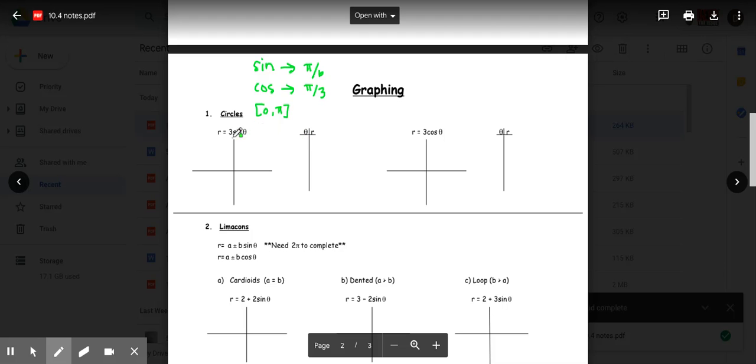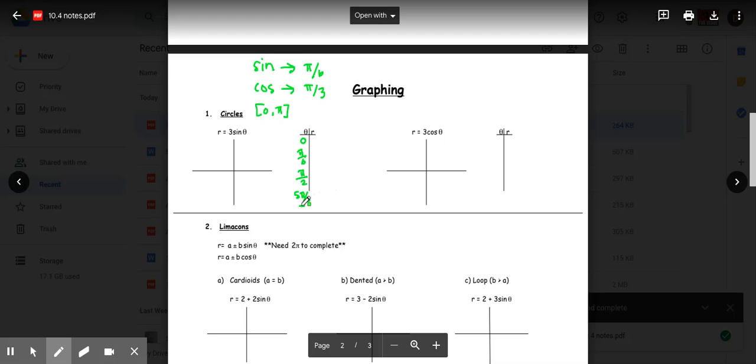So since we're dealing with sine here, you want to start with 0, and with sine, we're going to use the pi over 6 angle. So we do pi over 6, then 90 degrees, which is a quadrantal, so that's pi over 2. And then the next angle would be 5 pi over 6.